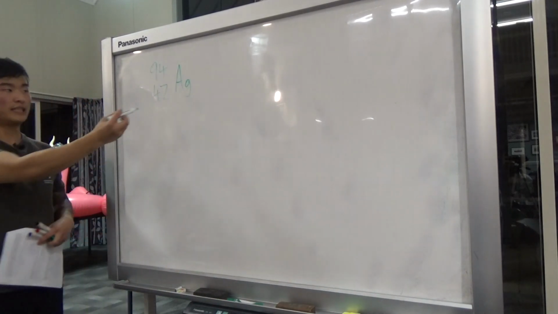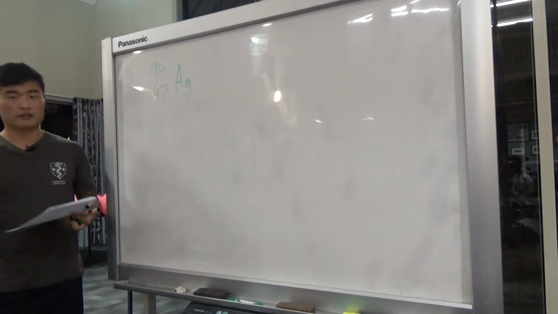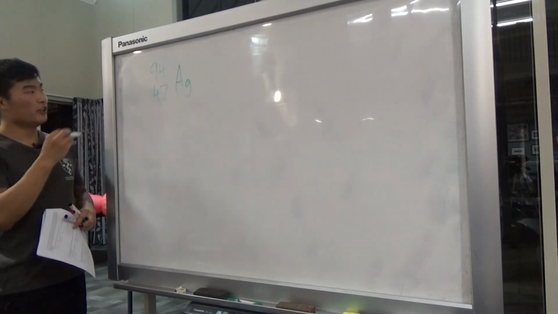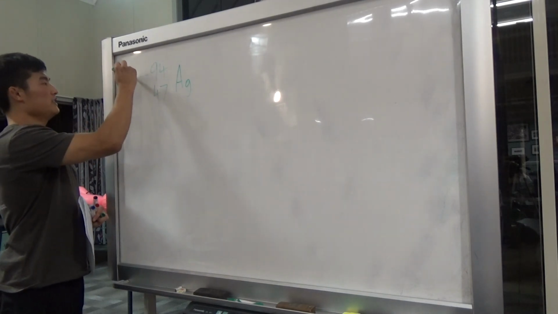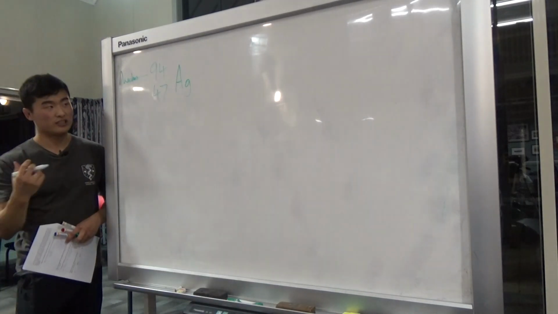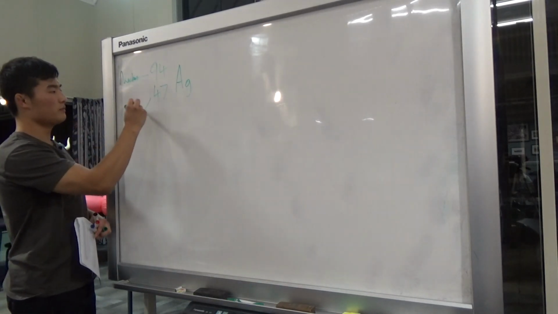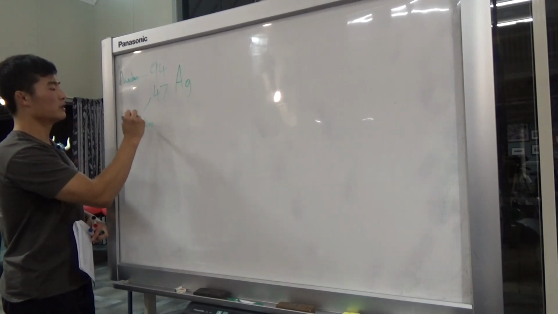Ag is the chemical symbol for silver, which is not really important. We know that we have 94 nucleons. Nucleons include protons and neutrons. And we have 47 protons.